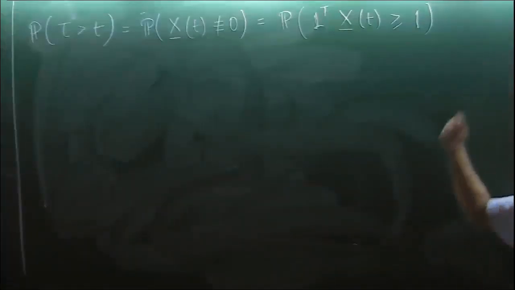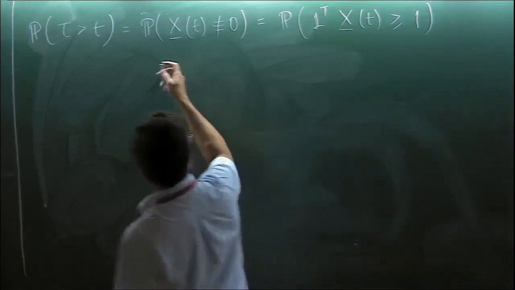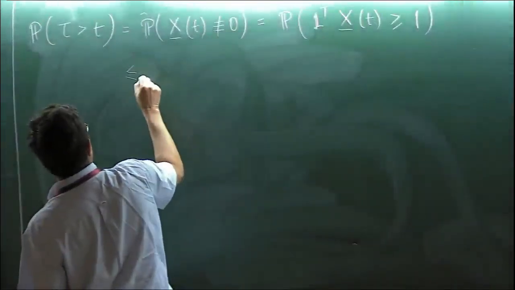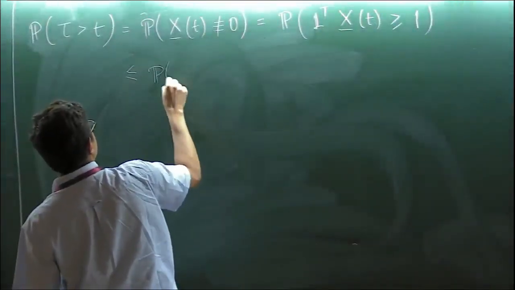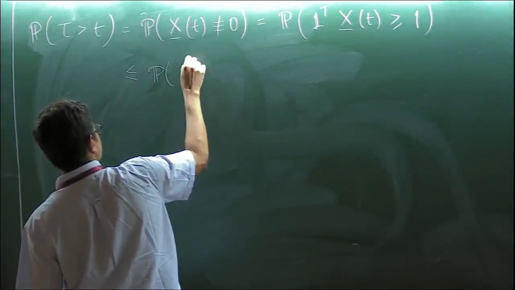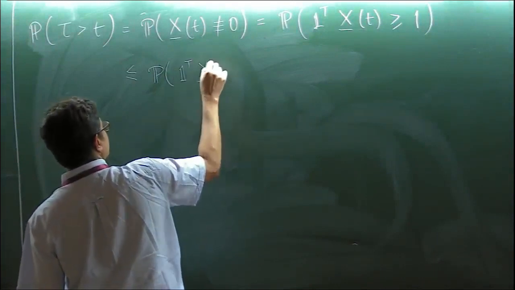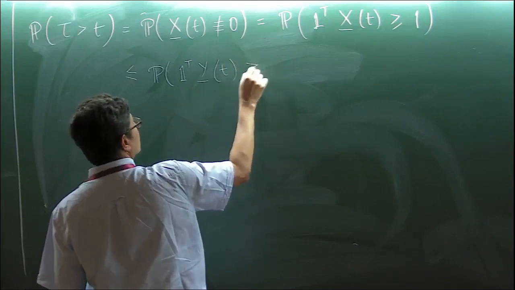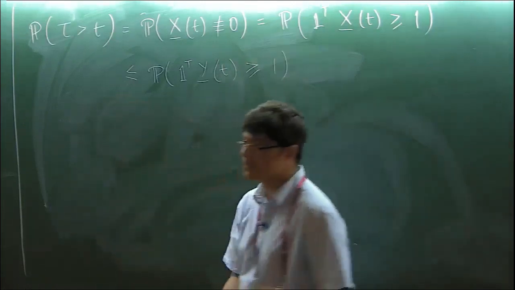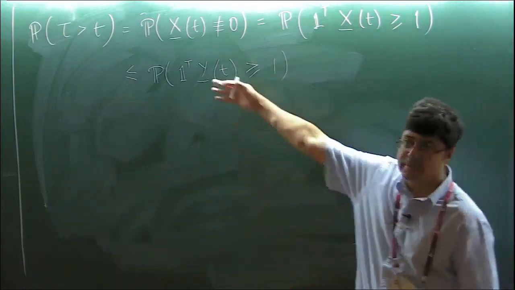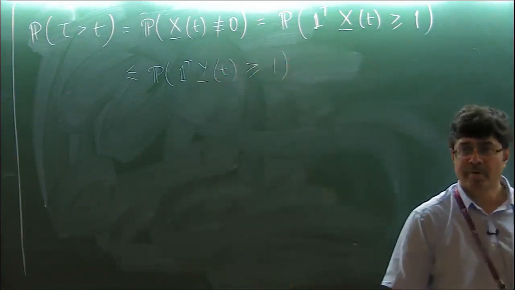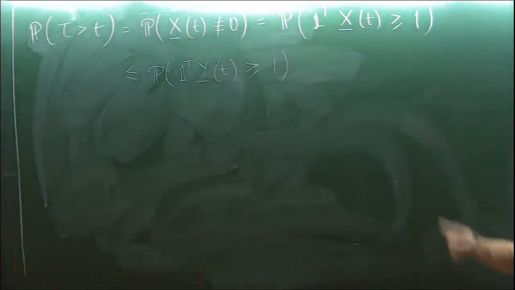There's at least one infected site if it's non-zero. And x is dominated by y, so it's more likely that the number of infections in y is at least 1.